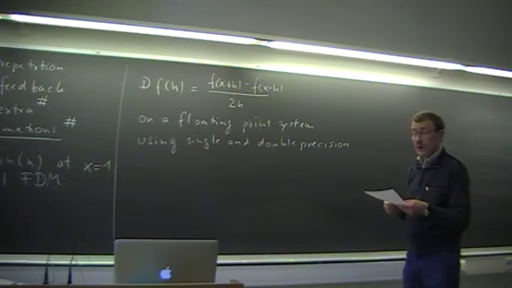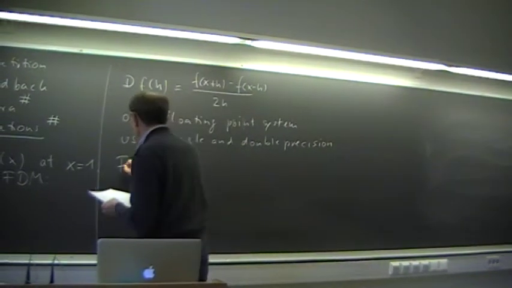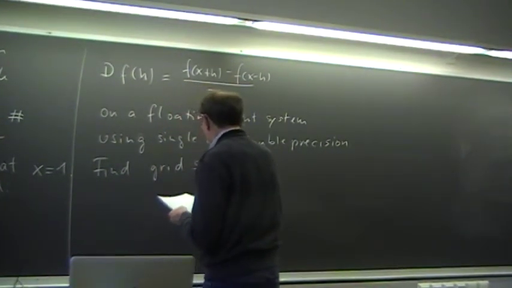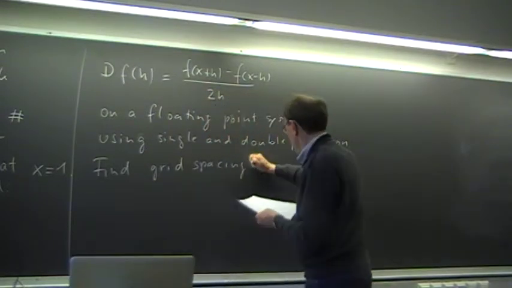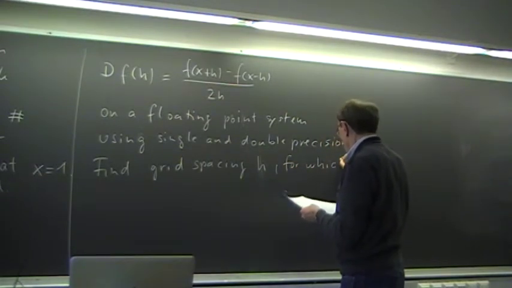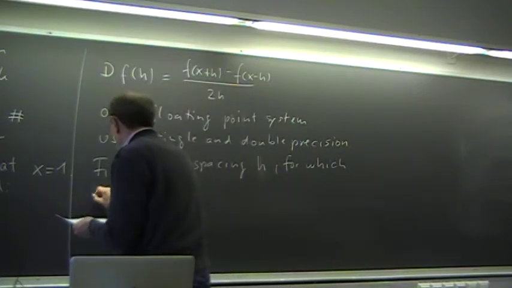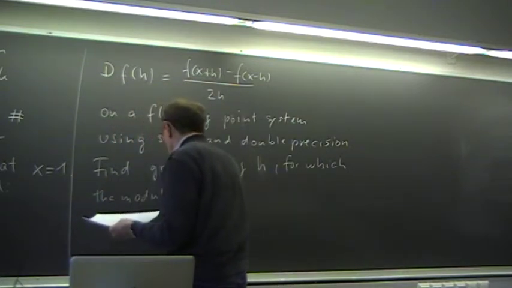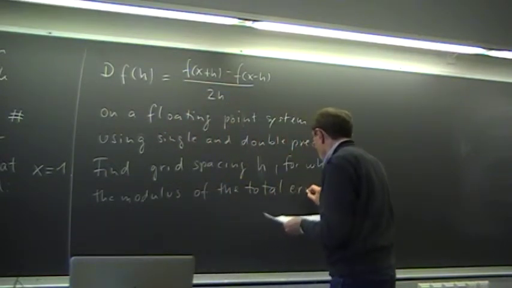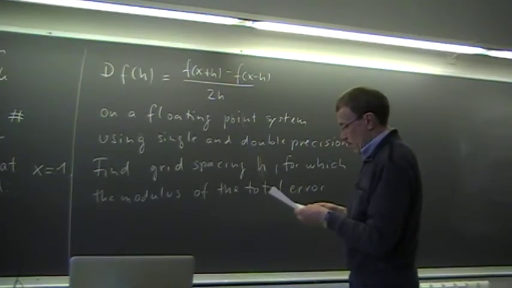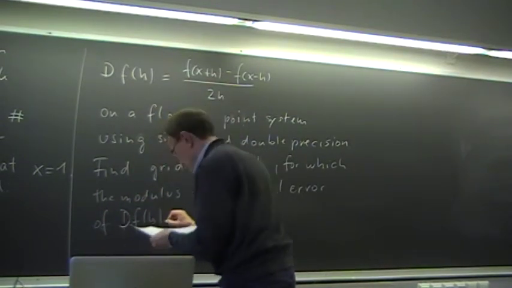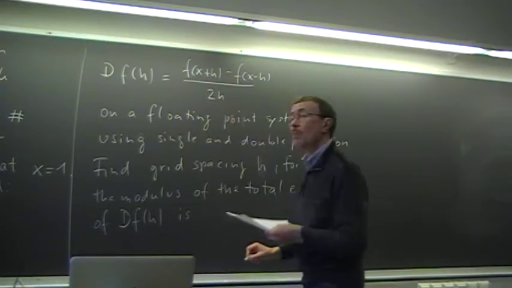So the task of the exercise is to find the grid spacing h for which the modulus of the total error, that is the absolute value of the total error, of this central finite difference approximation, df of h, is approximately minimal.